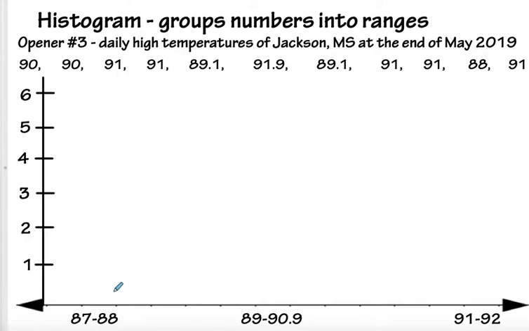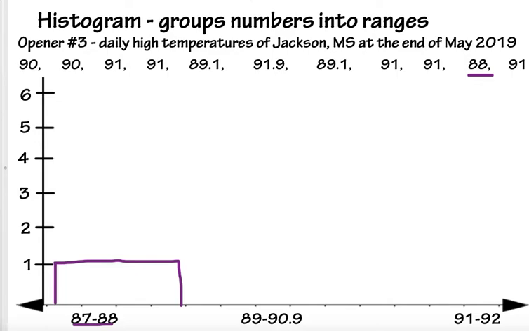So let's first look at what's in the 87 to 88 range. I'm going to look through my data, and anything that falls within this number range, it looks like 88 is the only one. So this one is going to go up to 1. And I'm going to make a really big rectangle for this one because I know I don't need gaps.